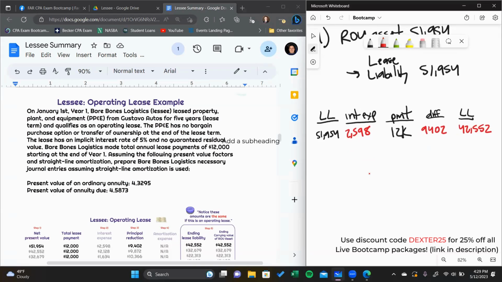Okay, now journal entry time. So with operating leases, we don't record interest expense. In fact, let me rewrite these in black so they don't stick out, because I really wanted to just emphasize the interest expense here.